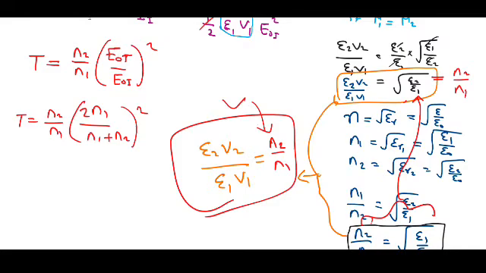Then if you further proceed, do this algebra, n2 divided by n1 times 4n1 square divided by n1 plus n2 whole square.